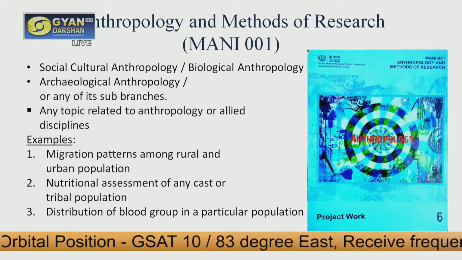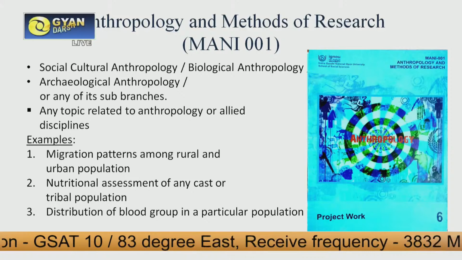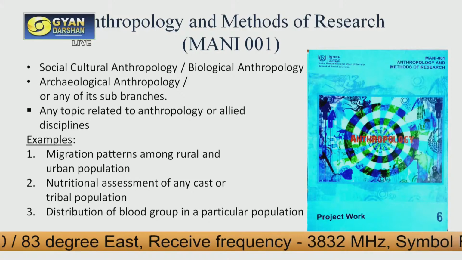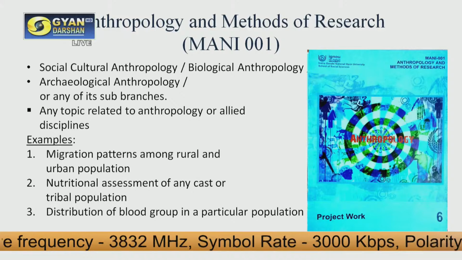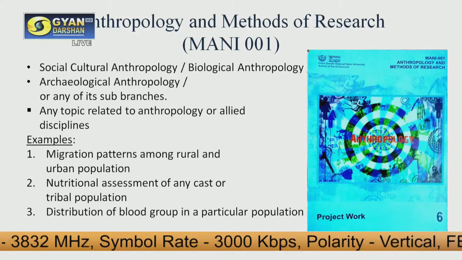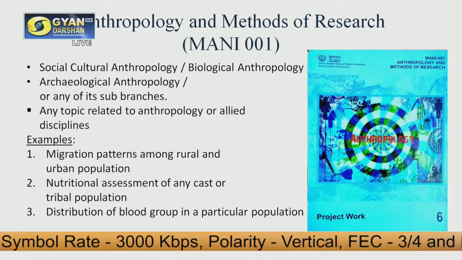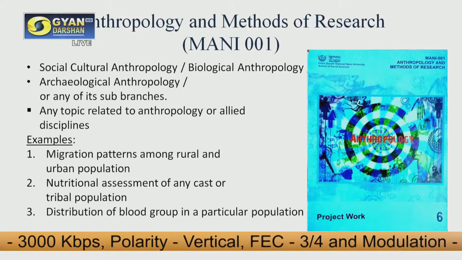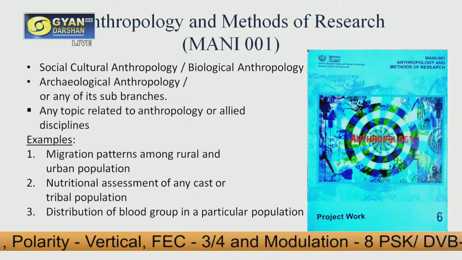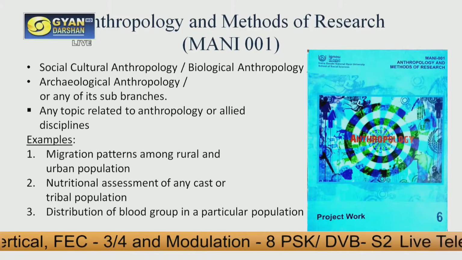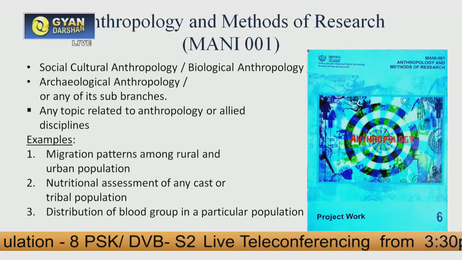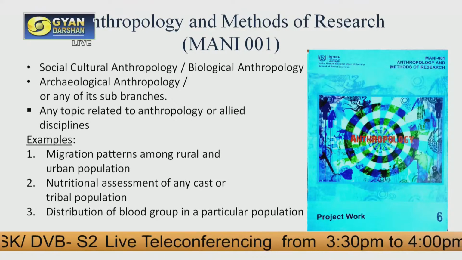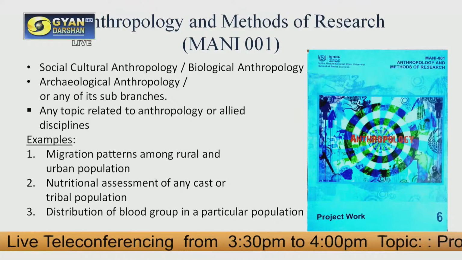However, I am just briefing here, the learner can choose a topic either from social anthropology or biological anthropology or archaeological anthropology or any of its sub-branches, because there are many sub-branches within these three domains. So you can select any topic related to these domains or allied disciplines also.